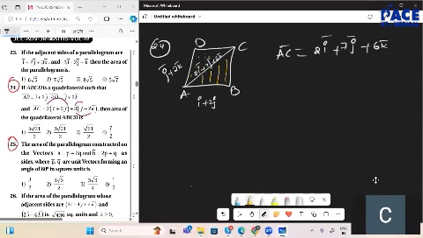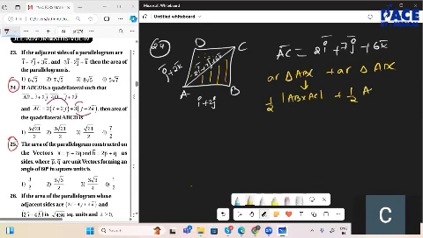Yes, so I'll just find out nothing but area of my quadrilateral is area of triangle ABC plus area of triangle ADC. For area of triangle ABC, am I having the adjacent sides? Yes, isn't it? So this is nothing but half AB cross AC plus again here half for ADC, AD cross AC.